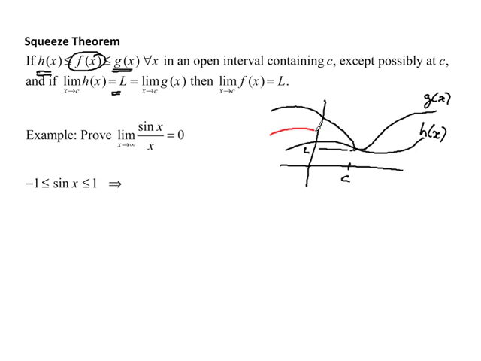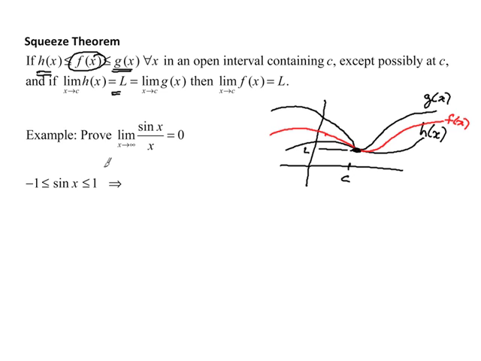So f of x is in between everywhere, so it gets forced in here like that. So what this theorem is actually saying is that because the limits of h of x and g of x as x approaches c are both L, and f of x is forced in between everywhere, then the limit as x approaches c of f of x must also be L. That's kind of graphically the explanation of what that means.